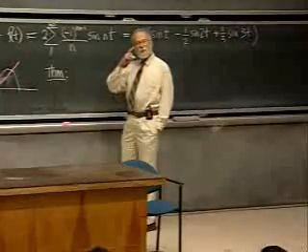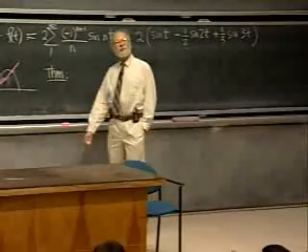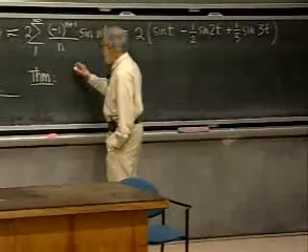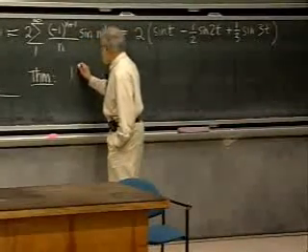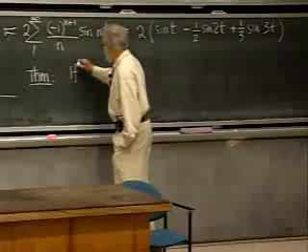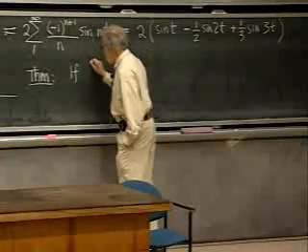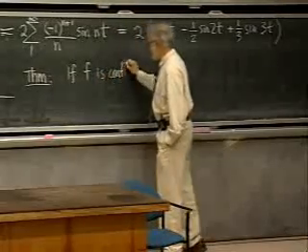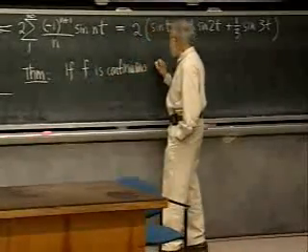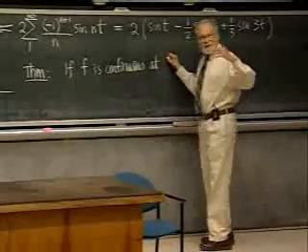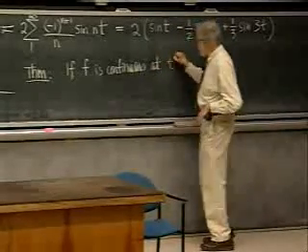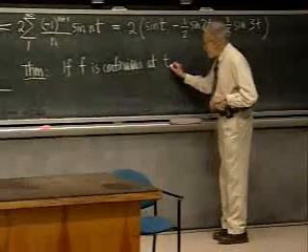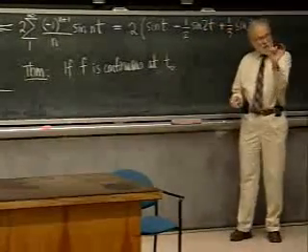The theorem tells you when a Fourier series converges to the function you started with. And the essence of it is this. If f is a continuous function at, let's give the point, it's confusing just to keep calling it t. If you like, call it t, but I think it would be better to call it t0, just to indicate I'm looking at a specific point.